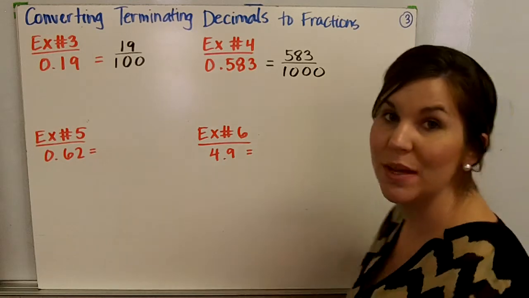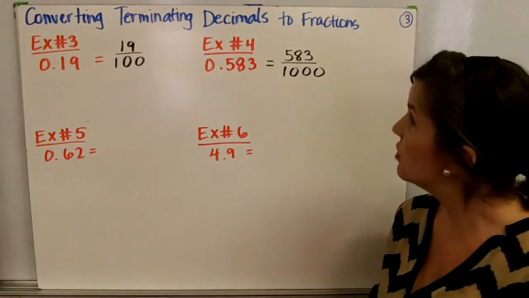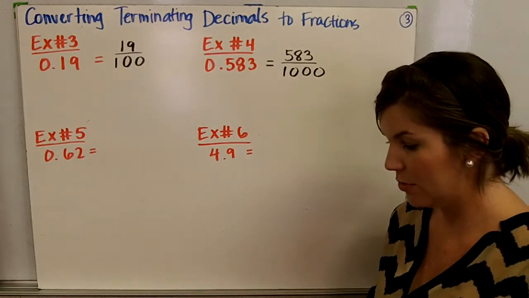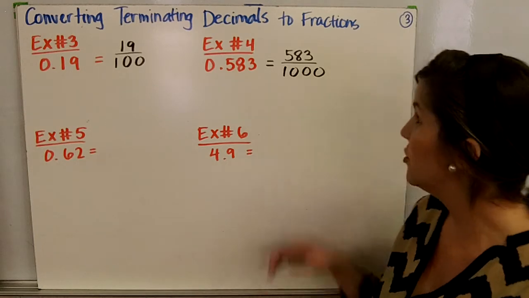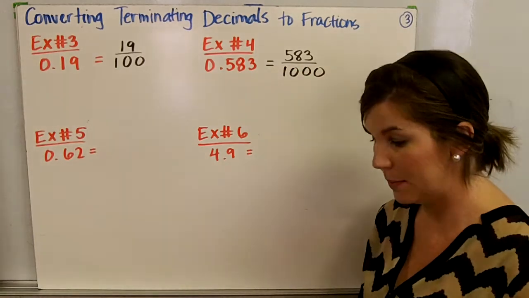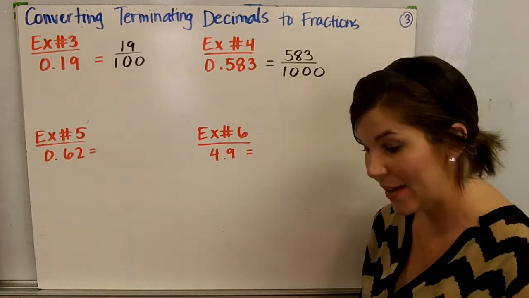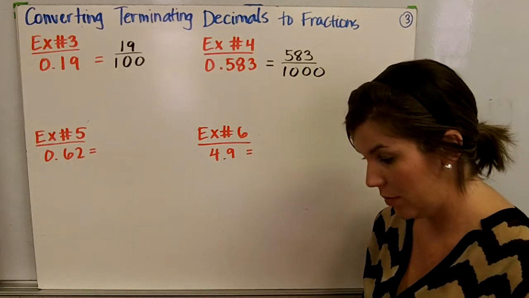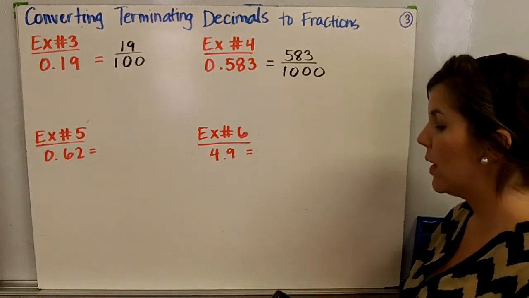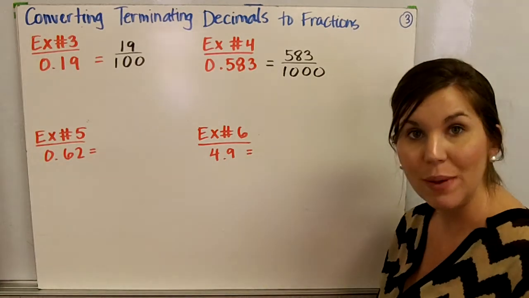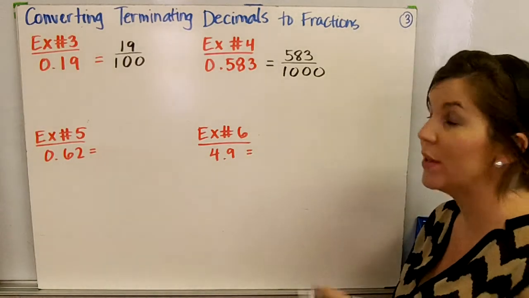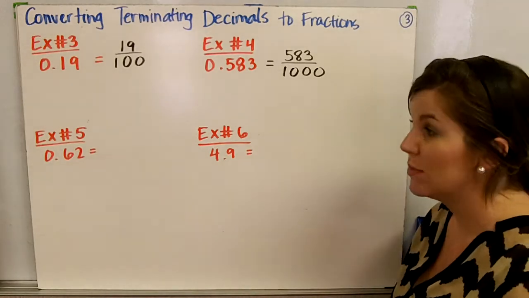Now we need to check to make sure that it's in lowest terms. So you can type in your calculator 583 divided by 1000, because that fraction bar means divide, and then press math, enter. So math, and then hit enter twice. And in this case, it gives you back the same fraction that you started with. So this one is in lowest terms already.